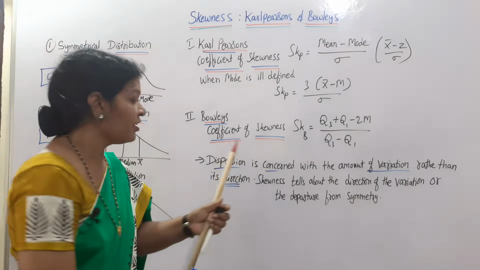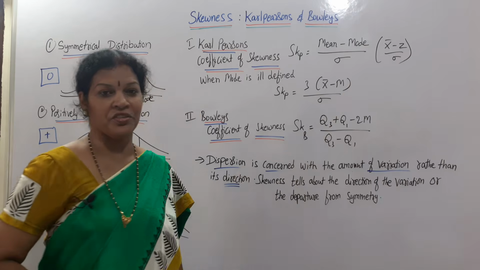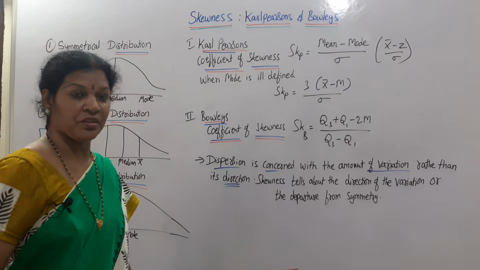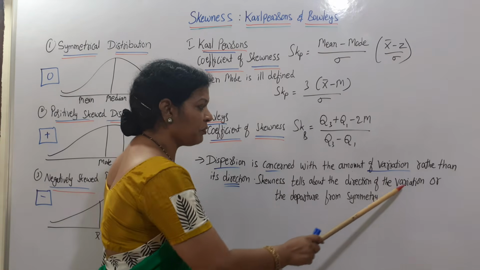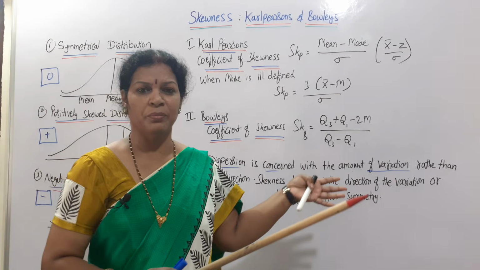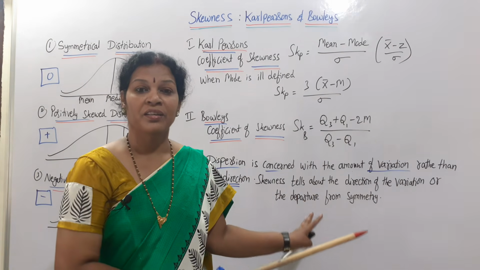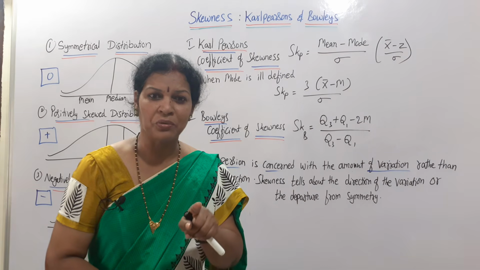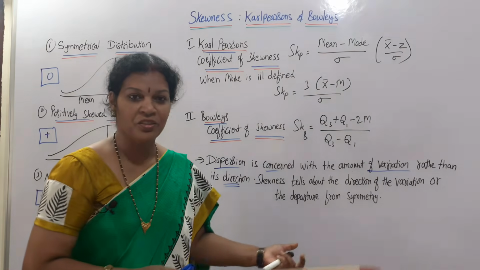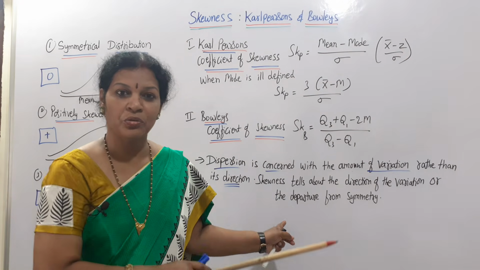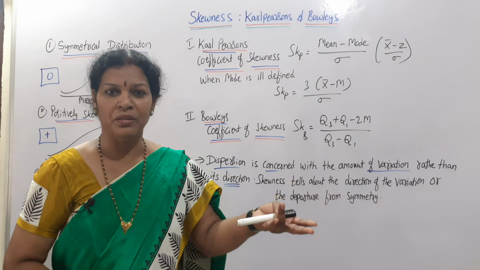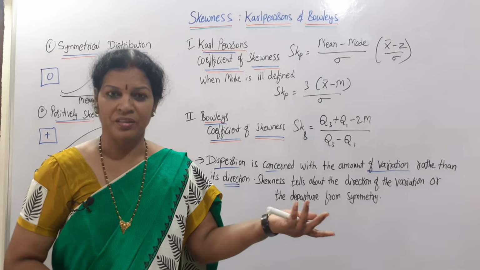Whereas skewness tells the direction of variation, the direction of departure from symmetry. Always remember skewness depends on the dispersion. We have discussed all these things in dispersion: the arithmetic mean, mode, and Q1, Q3, based on these only.